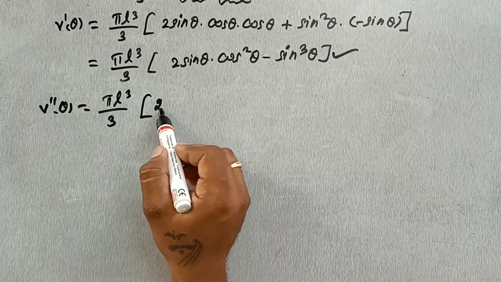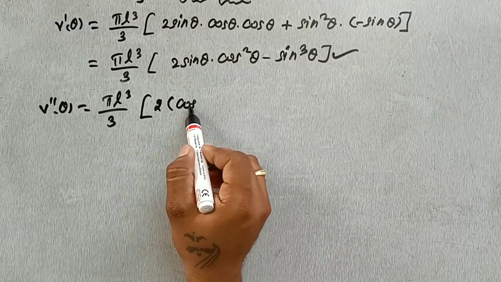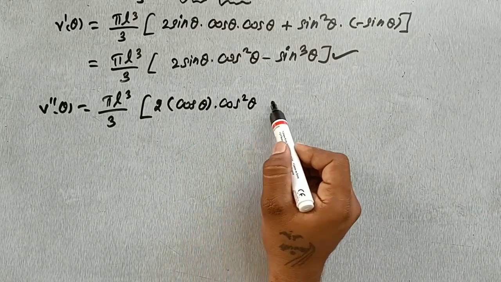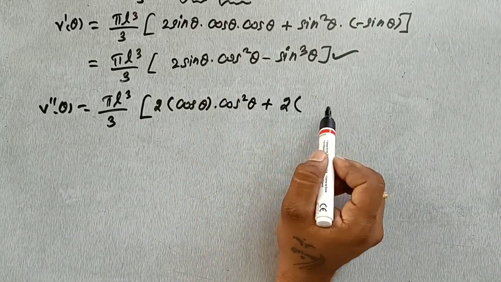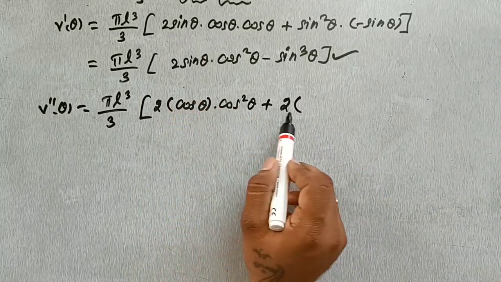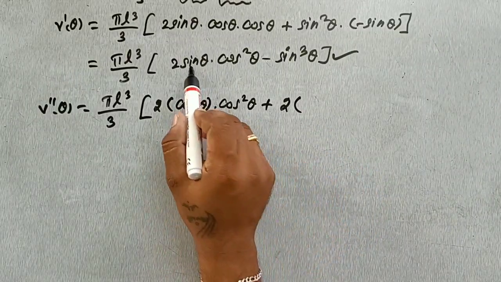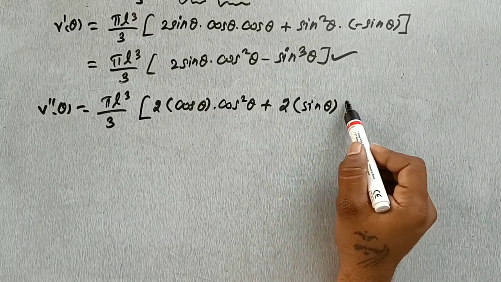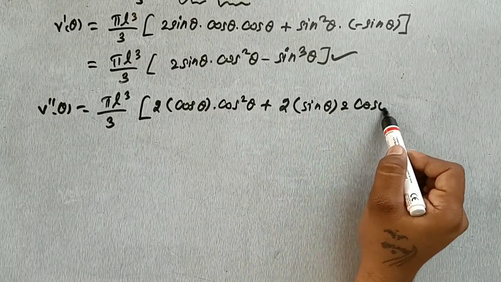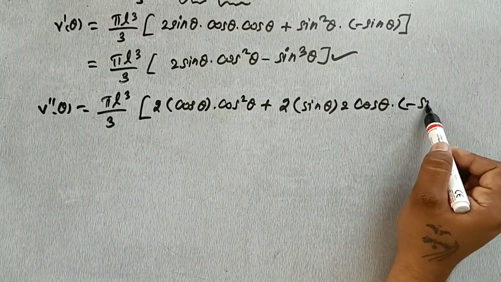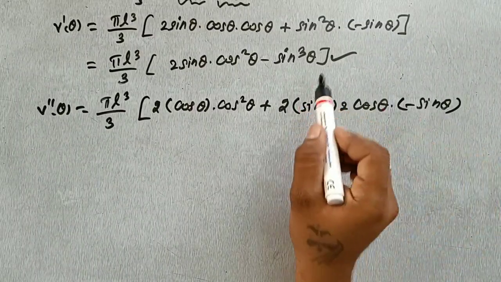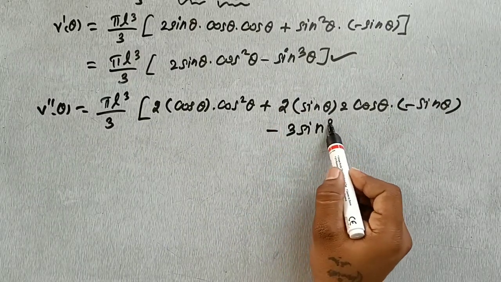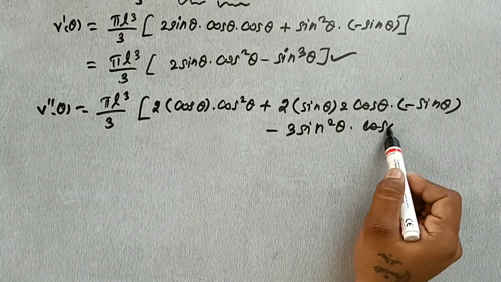So 2 into the differentiation of sin theta, which is cos theta, into the second function cos square theta, plus 2 times, that 2 is common for both, first function as it is, differentiation of cos square, which is 2 times cos theta into minus sin theta. Then the second function differentiating this, we will get 3 times sin square theta into cos theta.